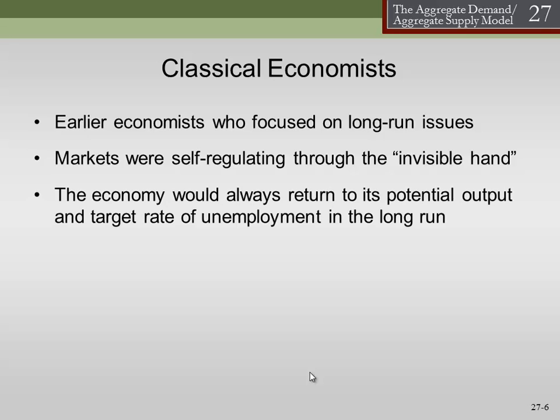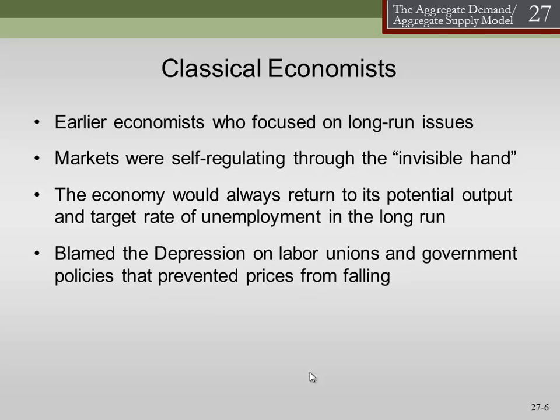The economy would always return to its potential output and target rate of unemployment in the long run, because in the long run, all the short-run stuff that gets in the way, the turbulence, works itself out. They blamed the depression on labor unions and on government policies preventing prices from falling. And they advocated a very laissez-faire, hands-off economic policy.